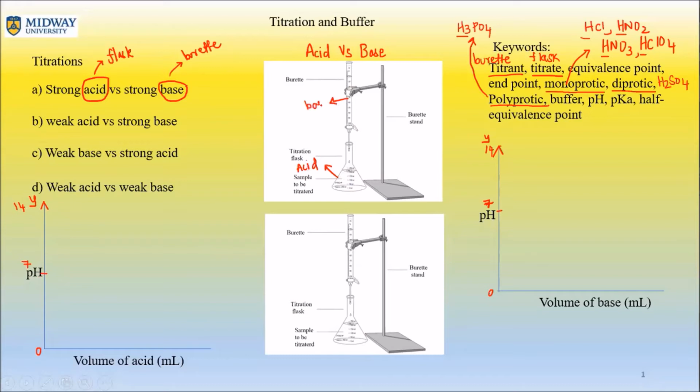So acid is your titrate, base is your titrant. You add your indicator. Because you're starting with an acid, your pH is somewhere here, and you're adding base, so your pH is going to go up. Now let's do two things here. Because it's base, I'm going to do a strong acid versus a strong base, and then a weak acid versus a strong base, right? Let's see how the graphs look.